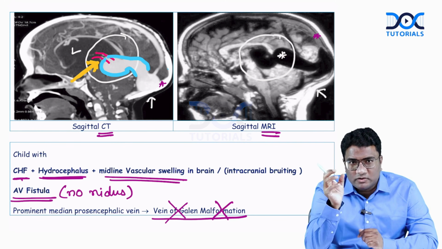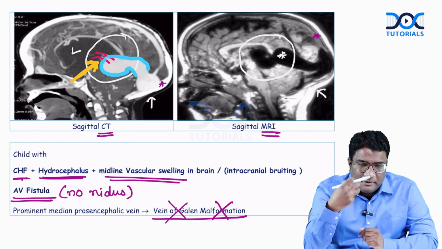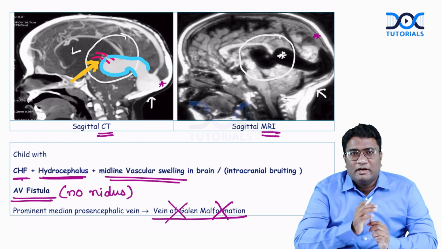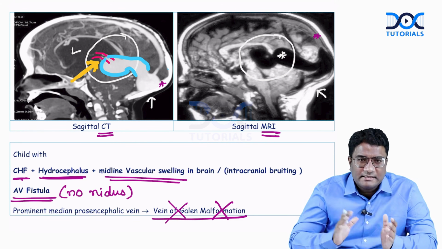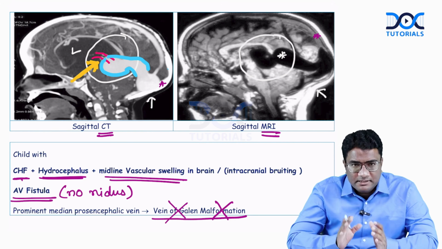And when you put your stethoscope on the head of the child, you can hear the intracranial bruit, the vascular noise in the head. So this midline vascular swelling causes the intracranial bruit in the patient. So when you have a child with midline vascular swelling, hydrocephalus and congestive heart failure, that is vein of Galen malformation. It is a misnomer.